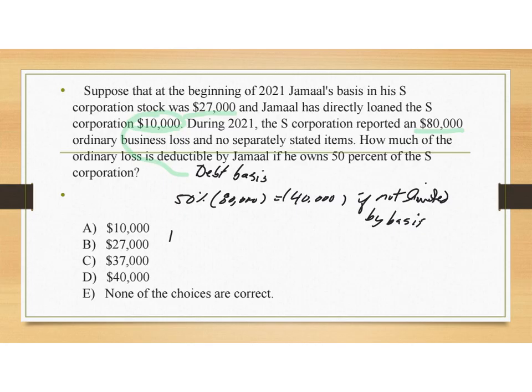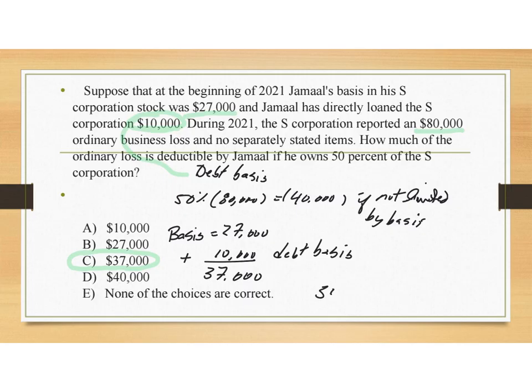And so what is his basis? Well, his basis is 27,000 plus his $10,000 debt basis. So he's limited to $37,000 of a loss deduction, okay? Now, that means that he has a $3,000 suspended loss.